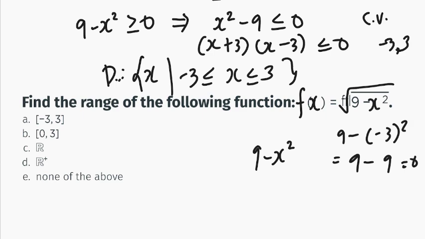So actually, this function will attain its maximum value when x equals 0, the midway between these two, and it will become 9 minus 0 squared, which equals 9, and the square root of that equals 3.